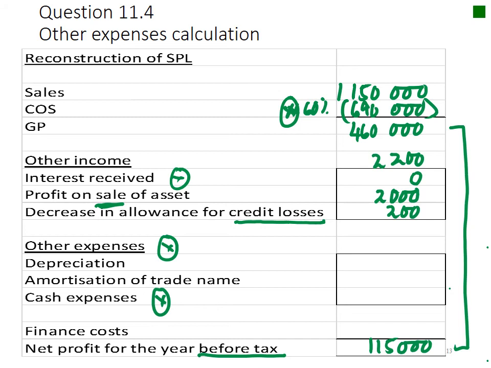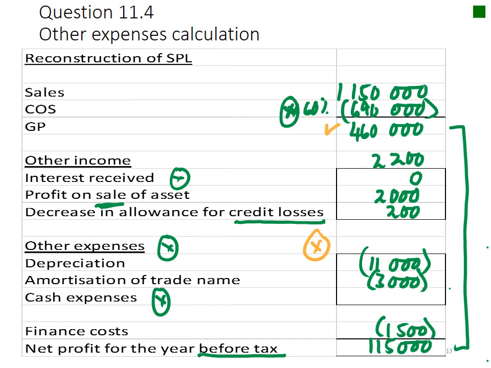So now if we go down and we put in expenses that we know of that are not cash flow expenses, depreciation is one, and amortization of the trade name is another. So we know that those two items are non-cash items. The other amount we know is the interest expense, and that's 1,500. So what we can do now is that if we want to, we can work out the other expenses here.